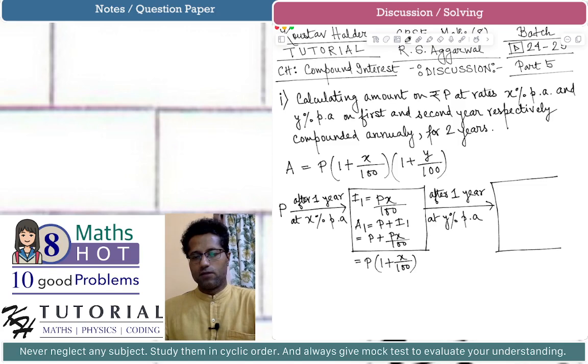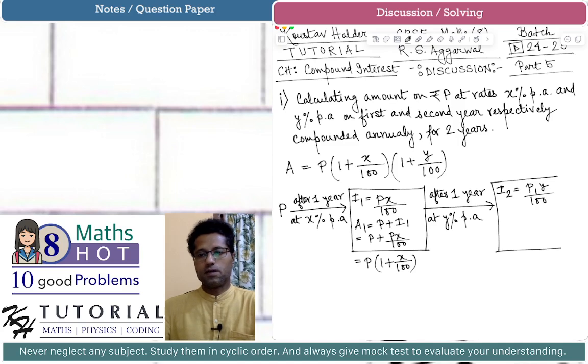So at the end of the second year, we have the interest I2 equal to P1, and this time the rate of interest is Y, so Y by 100. This is equal to P1, which is P multiplied by 1 plus X by 100.